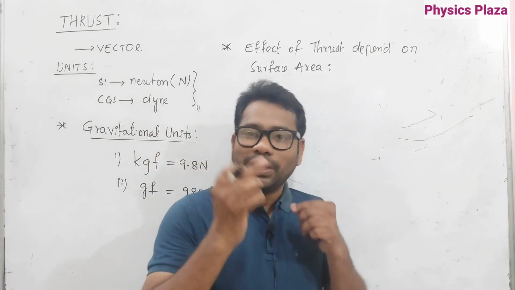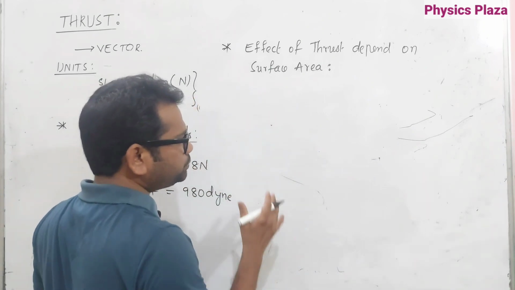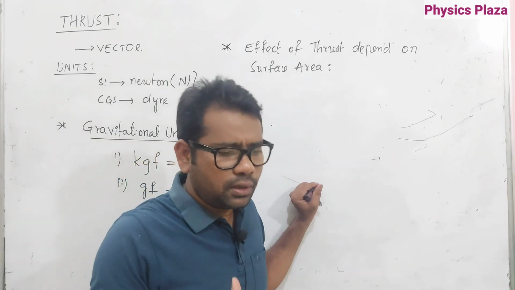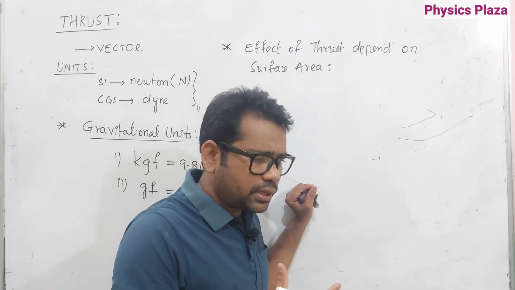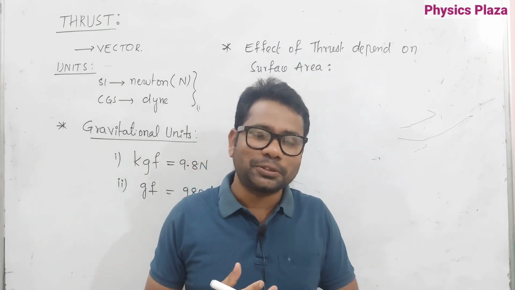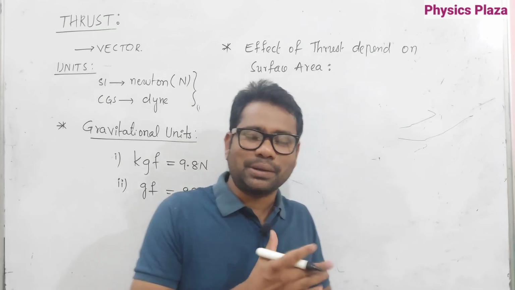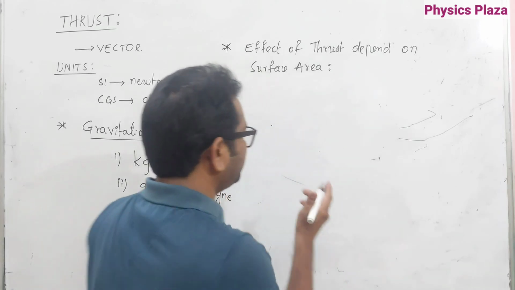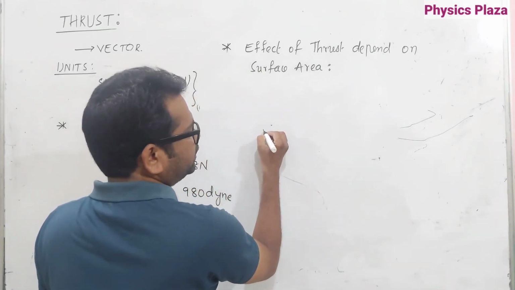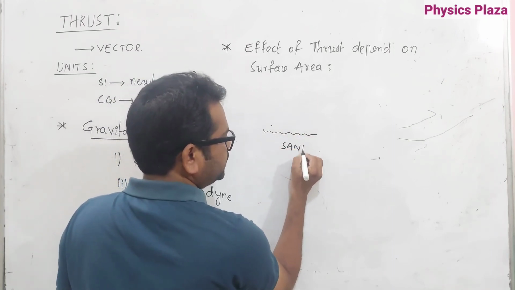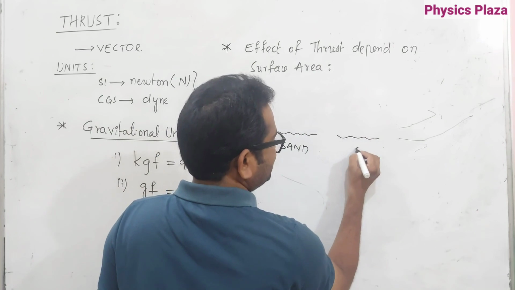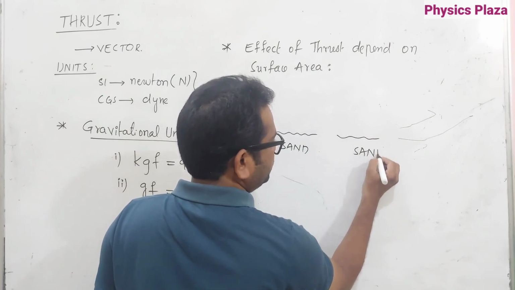But how? Let us say, children, for example, let us take a person whose weight is, let us say, 70 Newton. And here is sand, of course, a sand floor only. It's very important to understand.